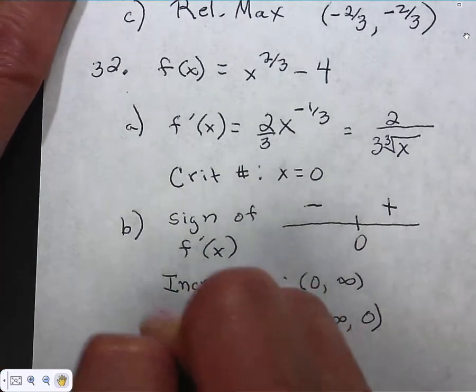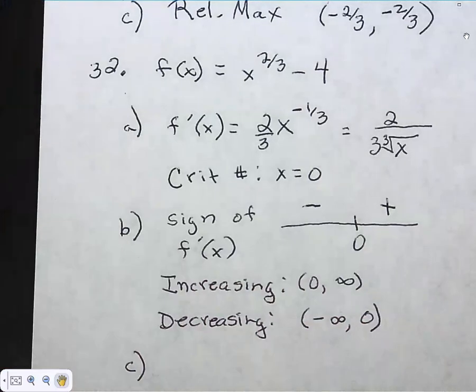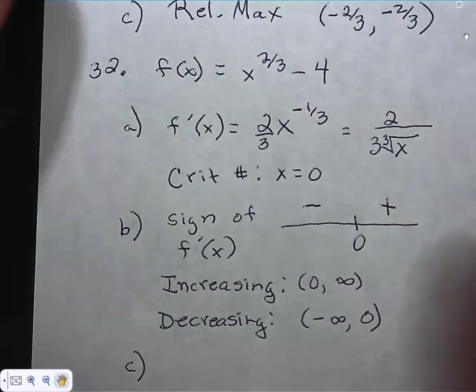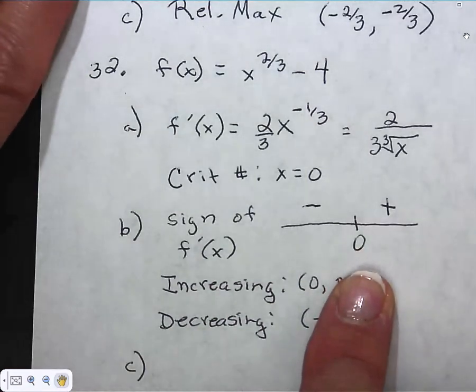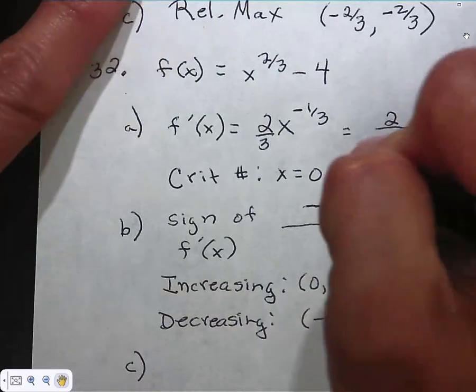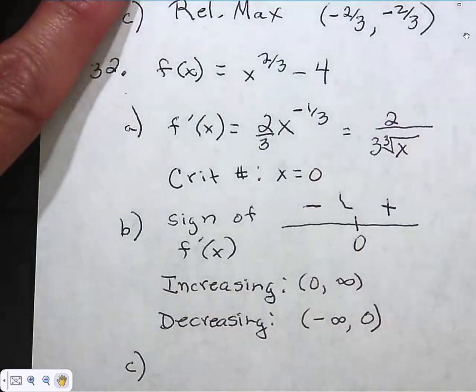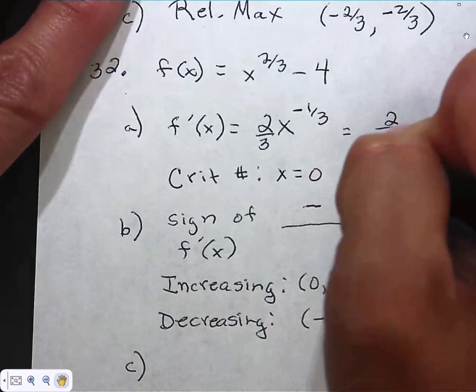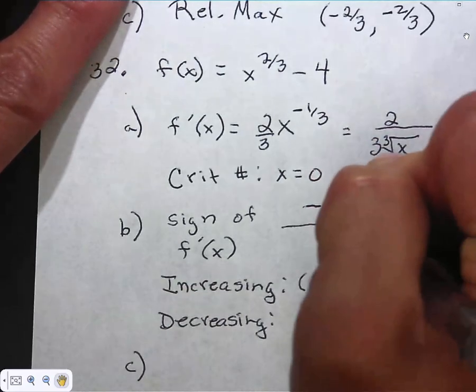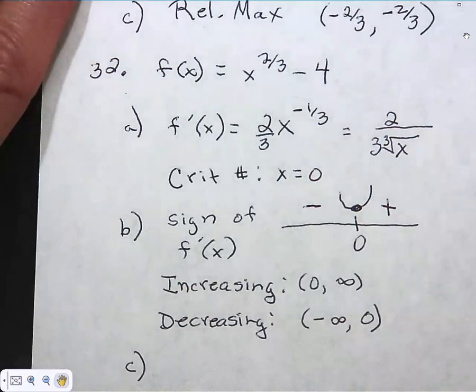And then the C part says, identify any relative extrema. I could use the first derivative test, but I'm going to look at what I already have and say, if that function went from going downhill at 0 to going uphill at 0, then what does that mean happens right at 0?